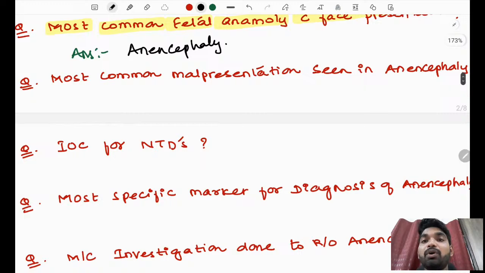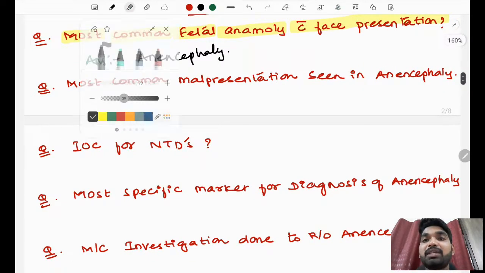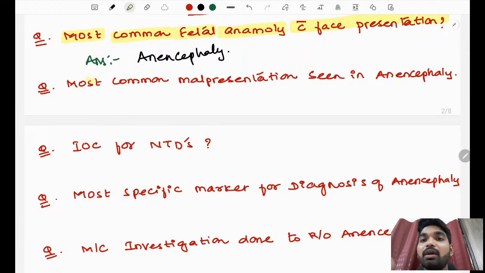Now, what is the most common malpresentation seen in anencephaly? Yes Vinita, Navyasri, Pavitra, Arusha, as I just told you, face presentation. With no cranial vault, either the face has to come out or the buttocks has to come out, right?